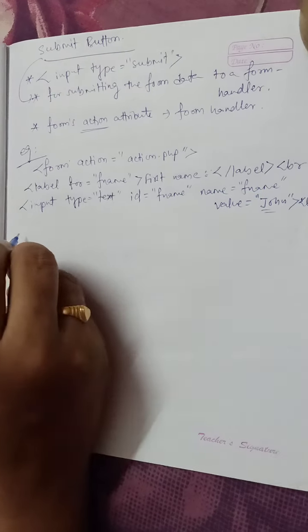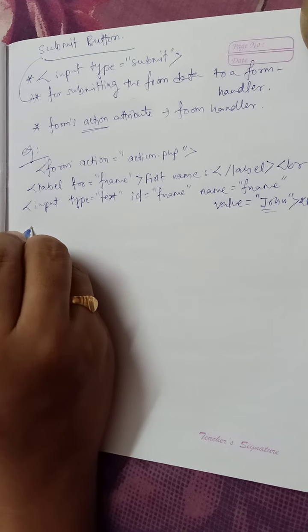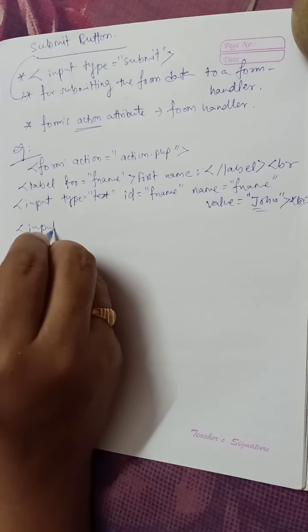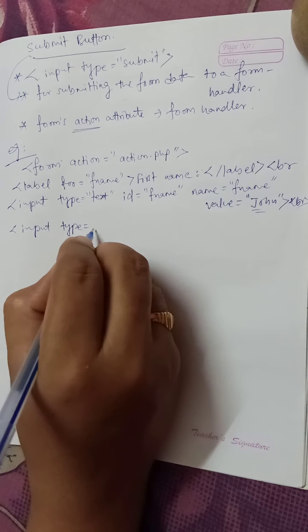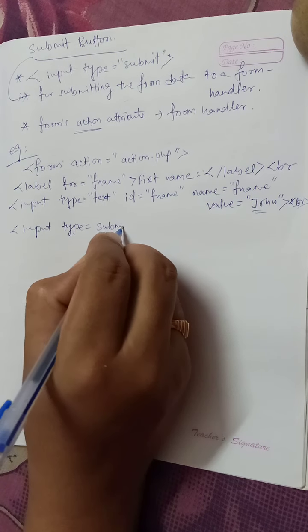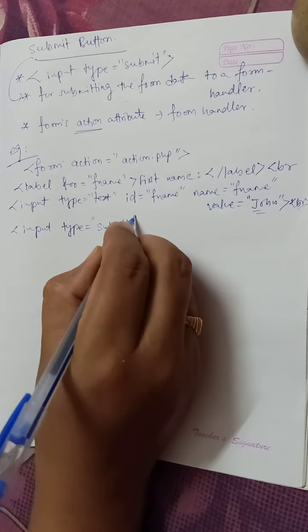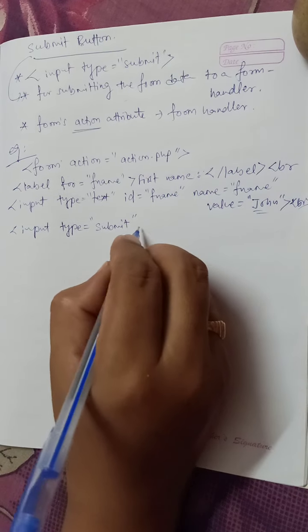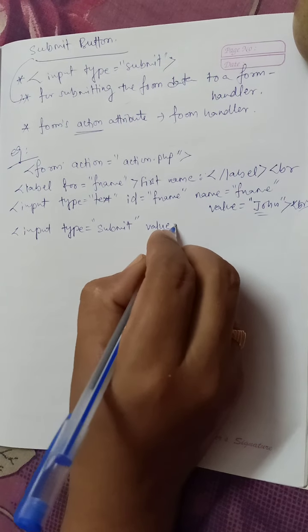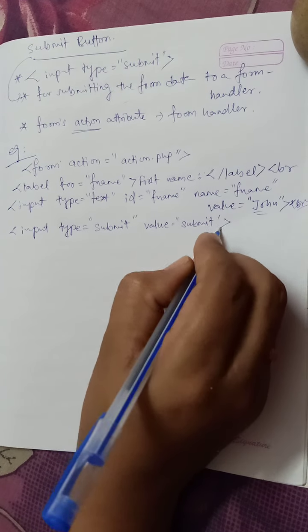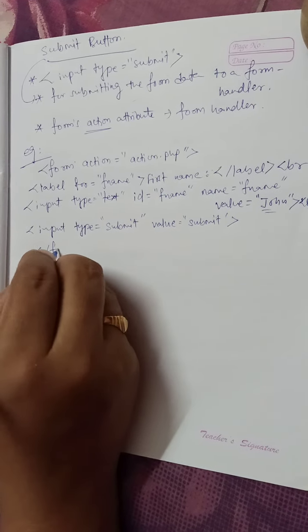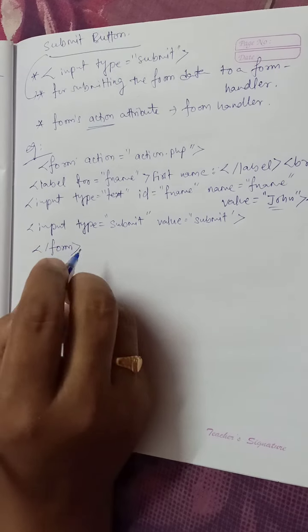Now let me design my submit button. I will design the submit button by writing input type equal to submit, value equal to submit, and I am now ending my form.